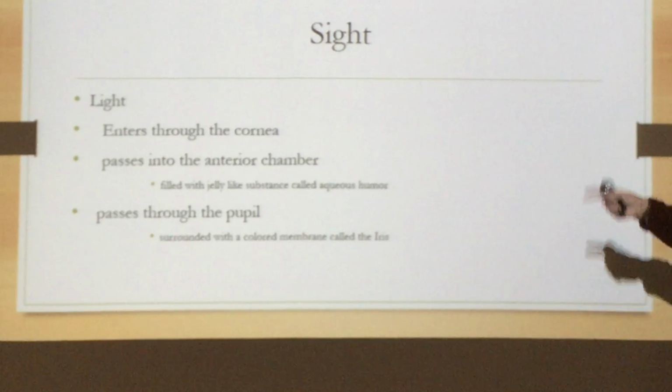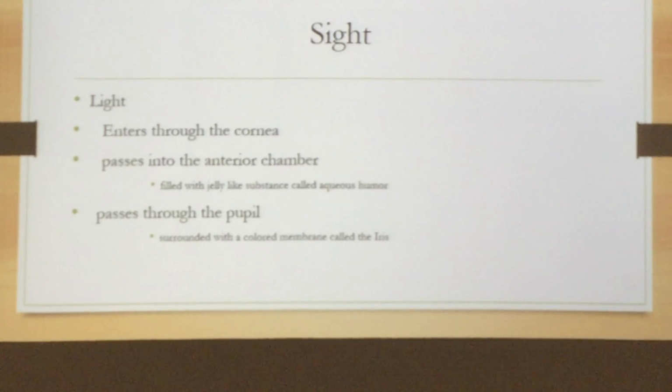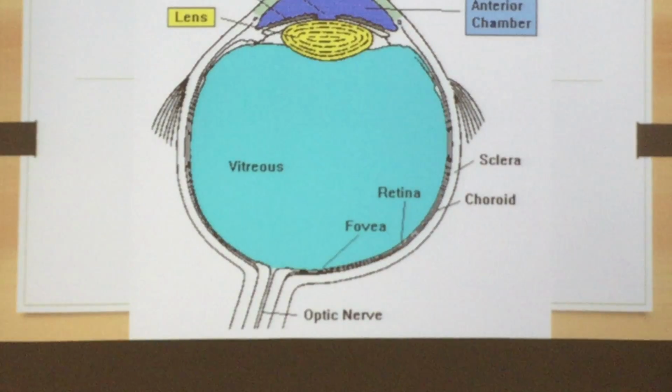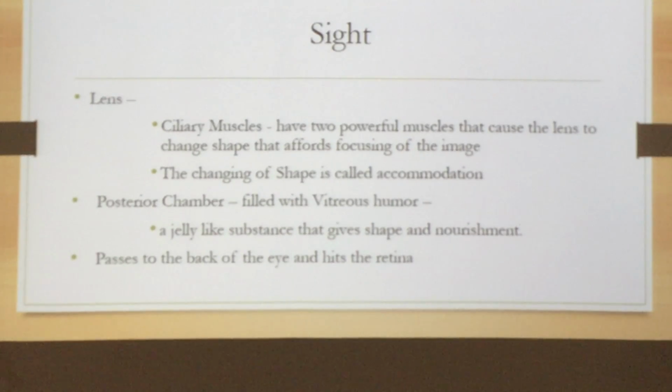Okay? Now we'll start reading a little bit of the notes that I have written for you. The light will enter through the cornea, passing through the anterior chamber, passing through the aqueous humor, passing through the pupil. It goes through the lens. The ciliary muscles will change the shape of the eye.